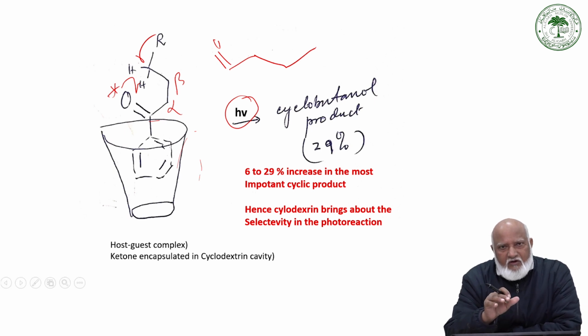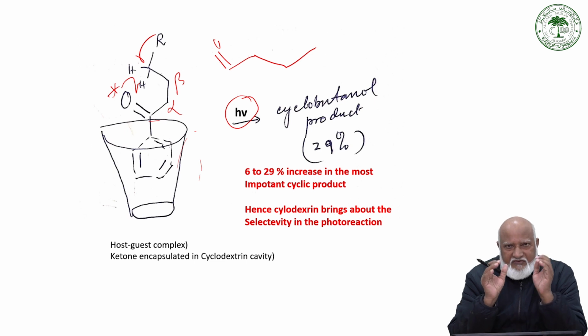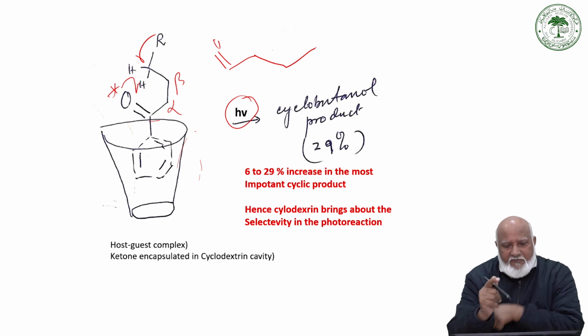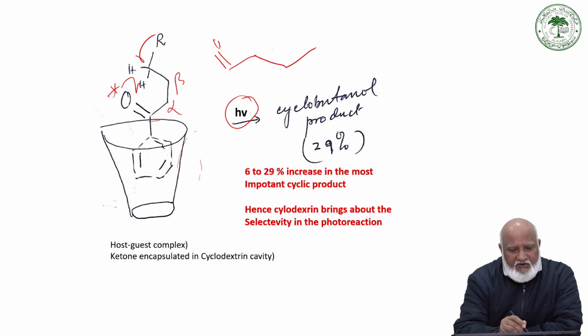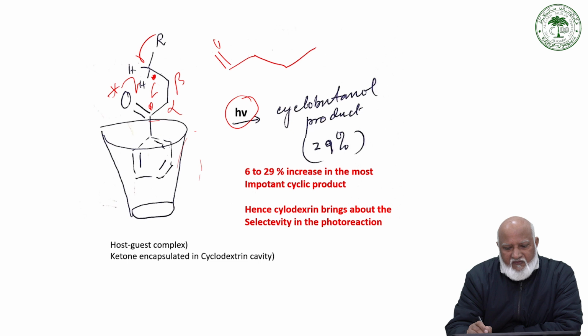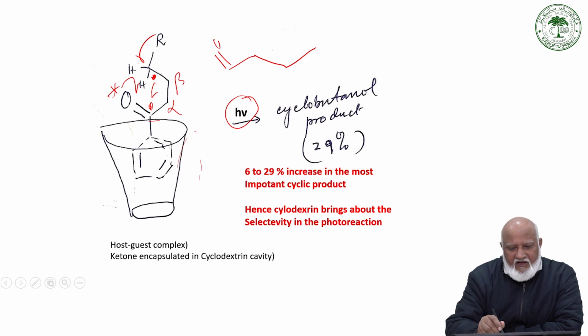But once the molecule goes inside the cavity, it is in a constrained medium, it has a restriction in movement, and hence the excited carbonyl has a better chance to abstract this gamma hydrogen to generate a 1,4-diradical, and then this 1,4-diradical can combine to give cyclobutanol as one of the products.